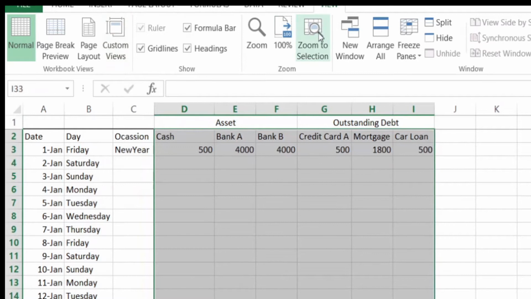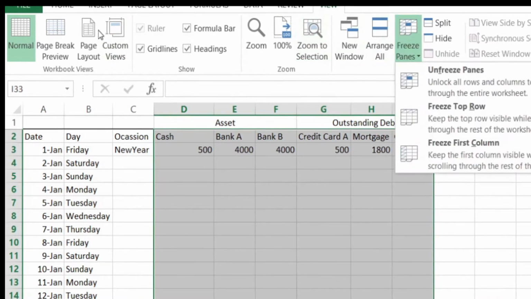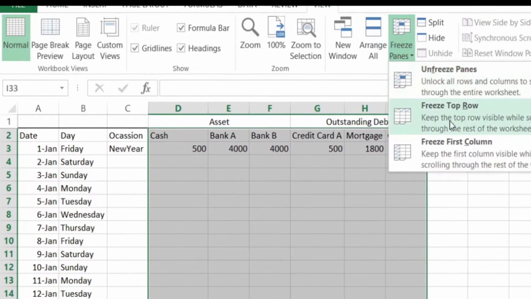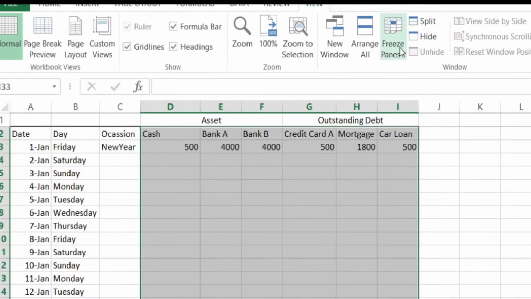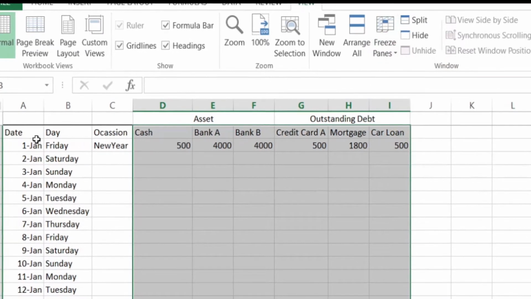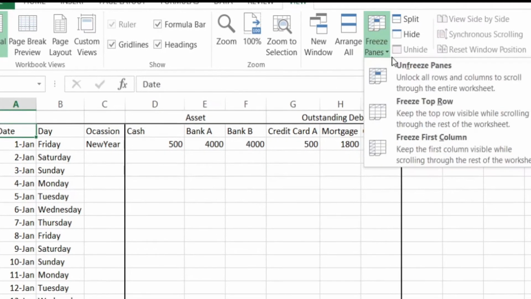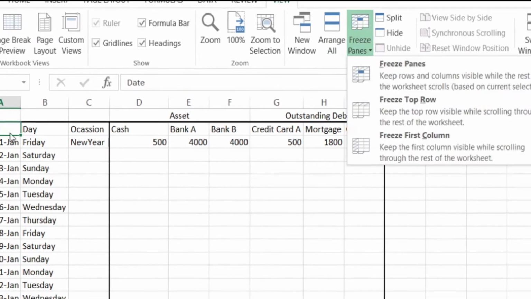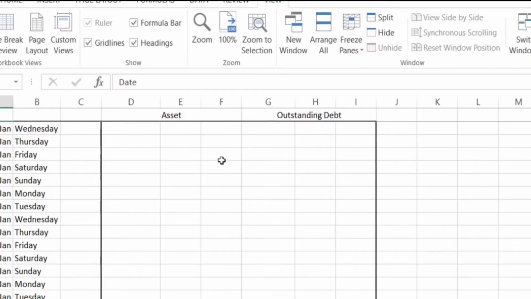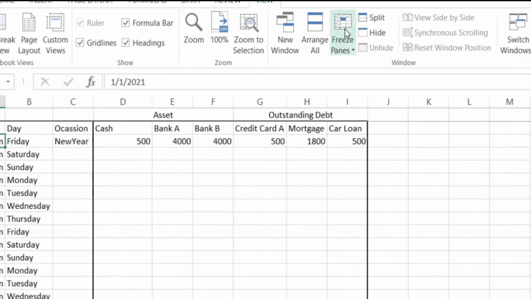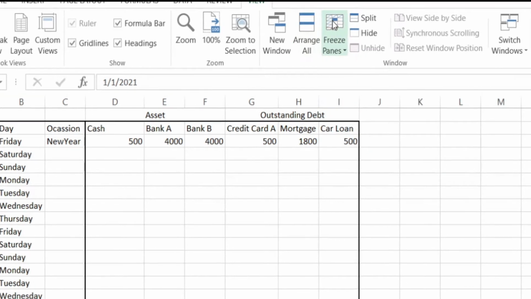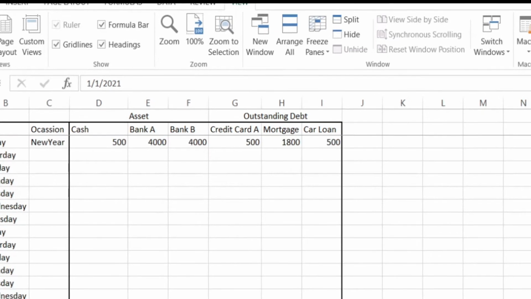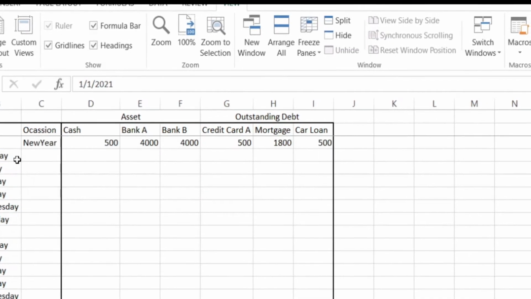So you just click here, then View, and freeze pane. So nice, you can see now that when you scroll it does not go down.